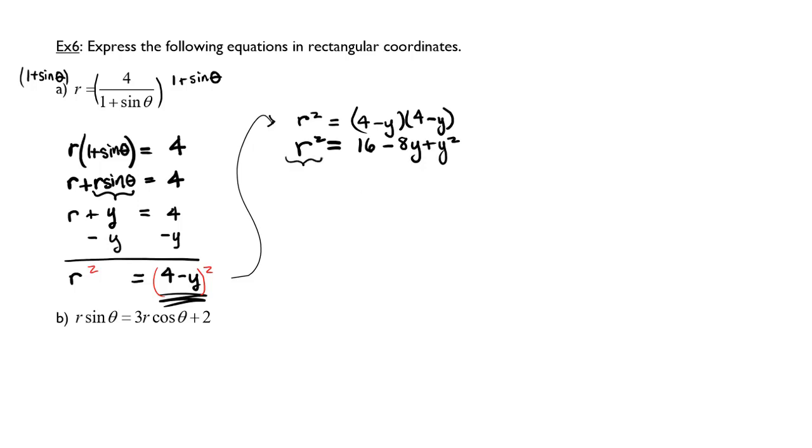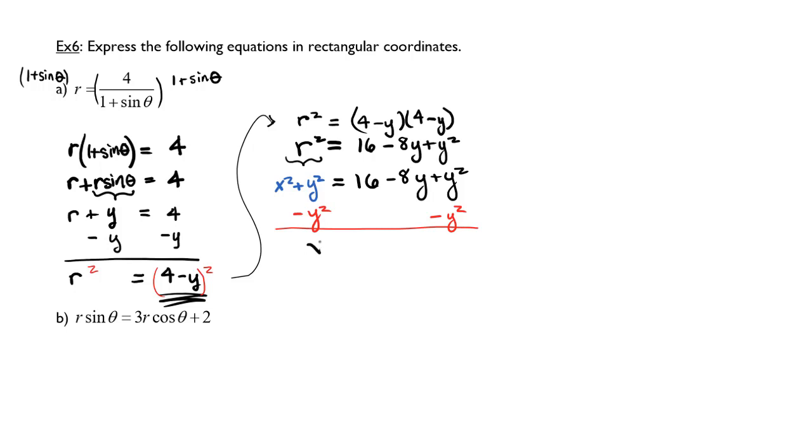I know that I can replace my r squared with x squared plus y squared. And then I'll just rewrite everything on the right side, 16 minus 8y plus y squared. And then I'm going to subtract y squared from both sides.